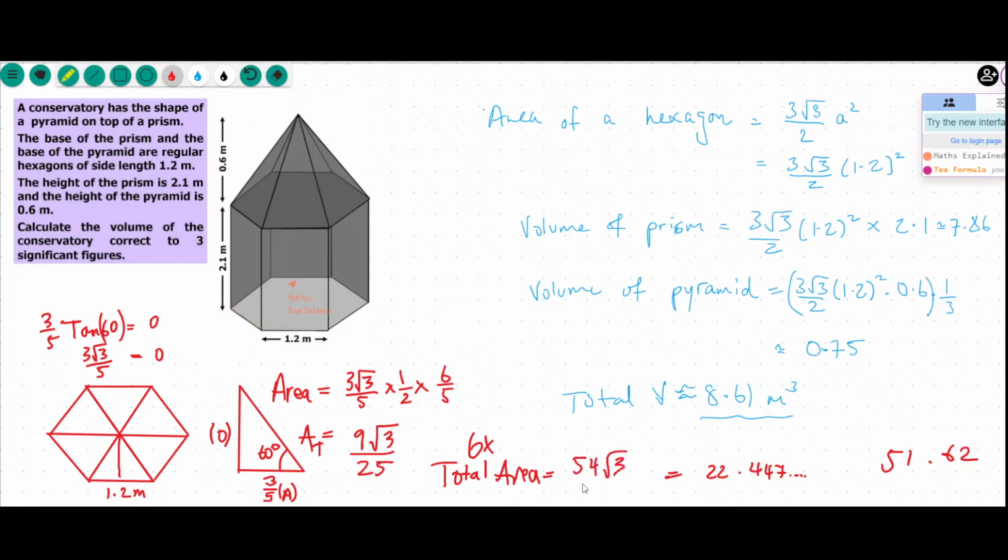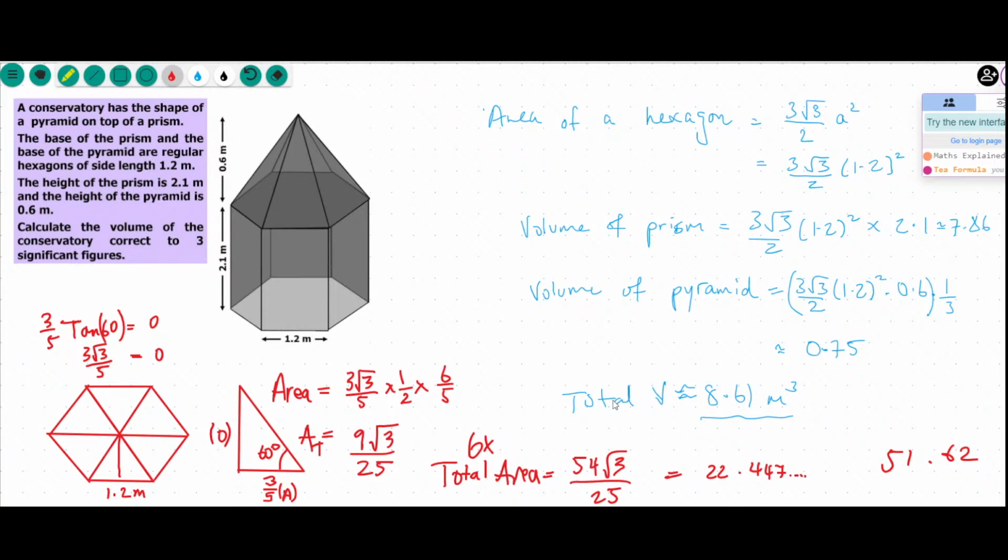Well, that's just the hexagon. What I did with this number here, which is the base, that was the answer. So it would be the base times the height. So it's going to be answer times 2.1 plus the top part, which is the answer again, which is the area of the bottom, multiplied by the 0.6, and then divided by 3.